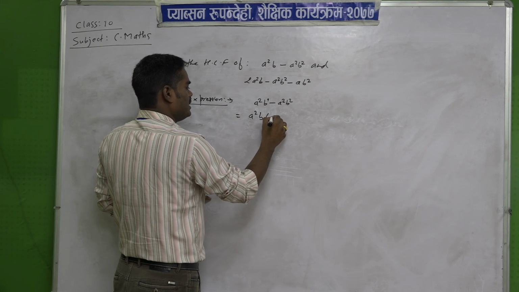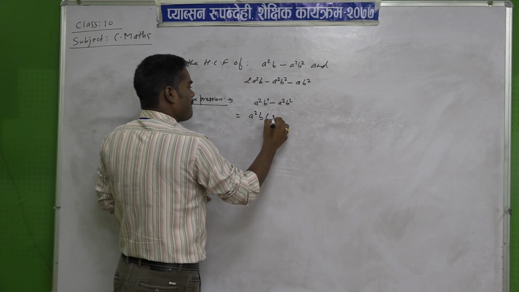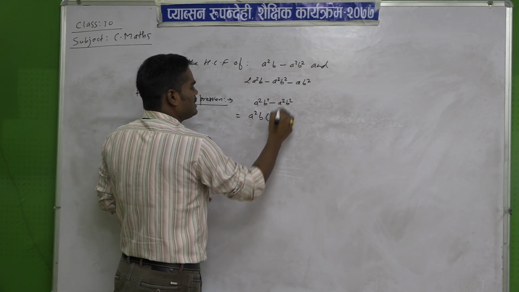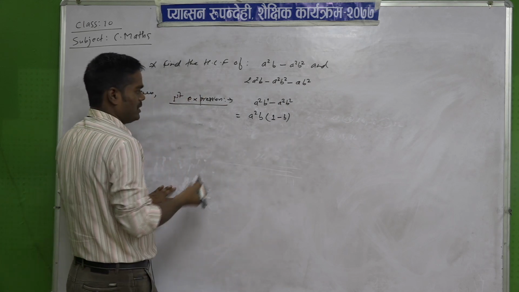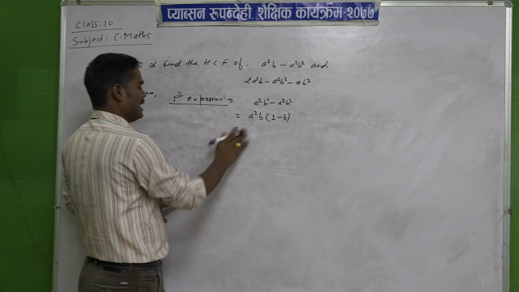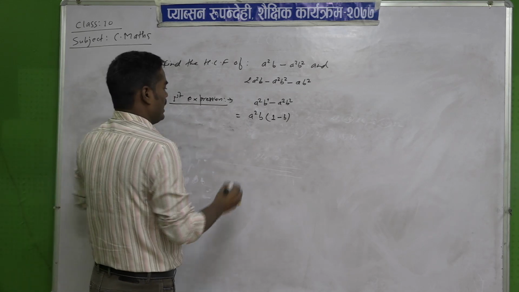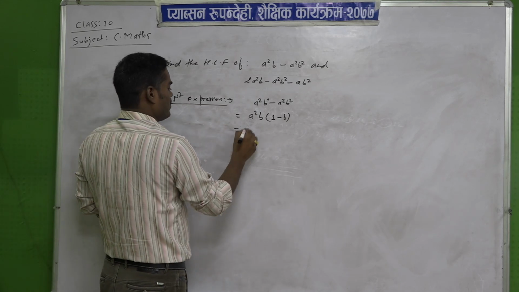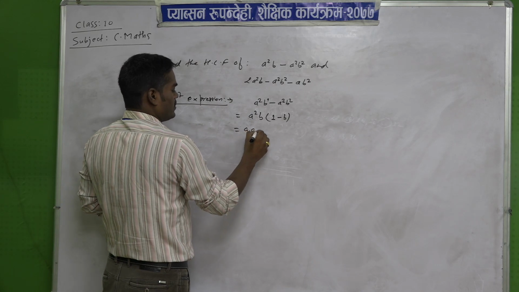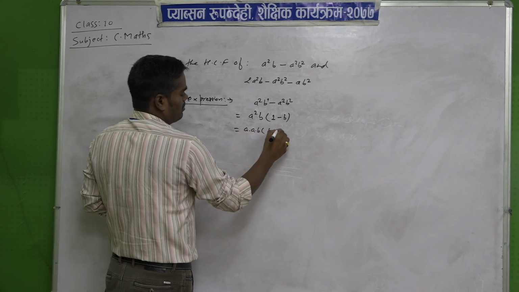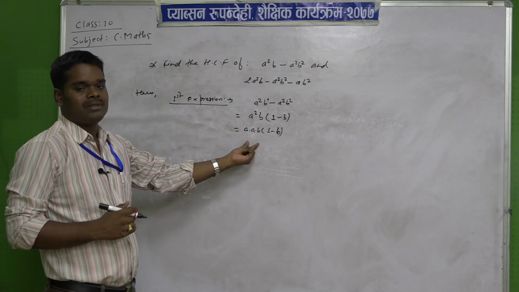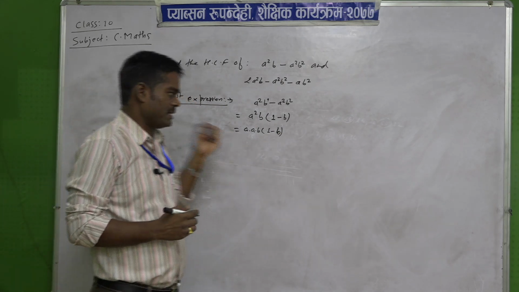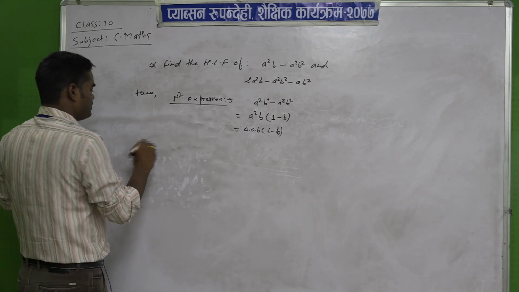What is left? 1 minus b. So a into a, b, 1 minus b is the factor of the first expression.